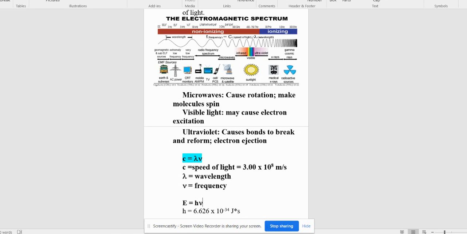So these would have a lower frequency, less of these wavelengths would pass by per second. Over here, we would have a lot more passing by in each second since they travel at the same exact speed. Okay, so if the wavelength is high, then the frequency is low, and vice versa, because they're going to multiply to always give us this constant, which is the speed of light, 3 times 10 to the 8th power.